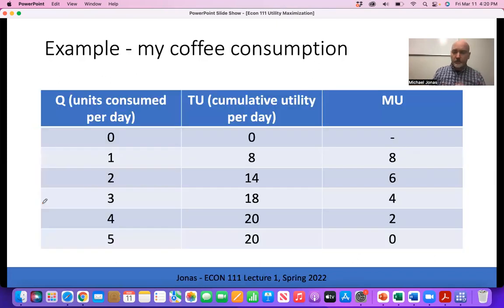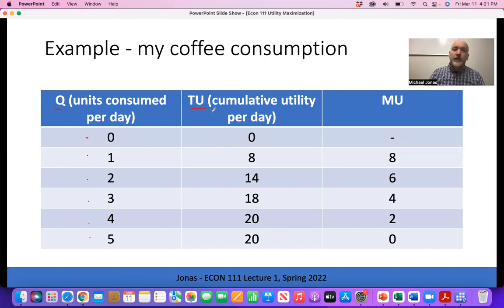So just to think of some numbers, and I think we've seen this example before. Let's imagine that we are tracking my utility levels on a given day as I consume additional units of coffee. Each one of these values of Q, just think of this as increasing the coffee consumption over a given day, and we track it from 0 to 5.